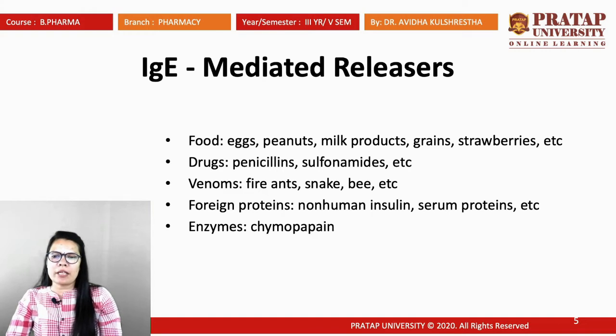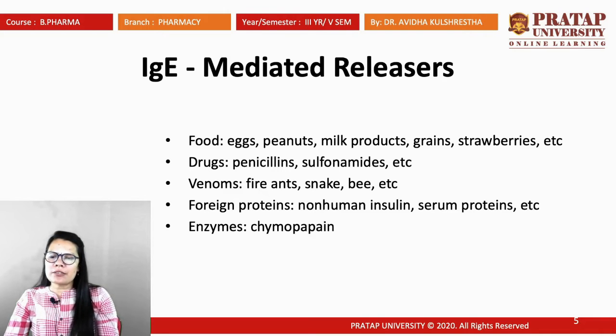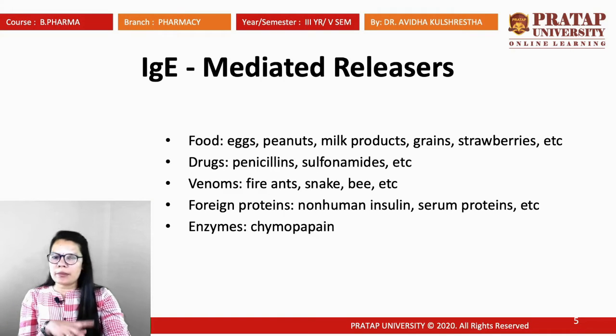This kind of allergy or immune action can be created from any food, from any drug, from any kind of ant or nettle sting, or some kind of venoms, or foreign protein, non-human insulin, or serum protein or enzymes. In food items these are eggs, peanuts, milk products, grains and strawberries. These are the releasers which can induce histidine interacting with the histidine decarboxylase enzyme to convert it into histamine.